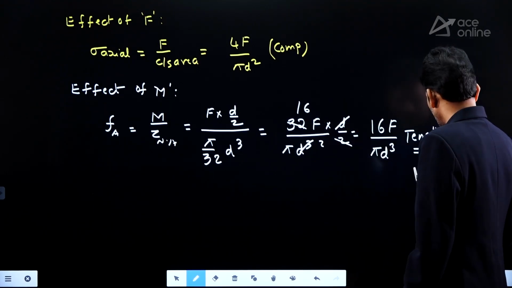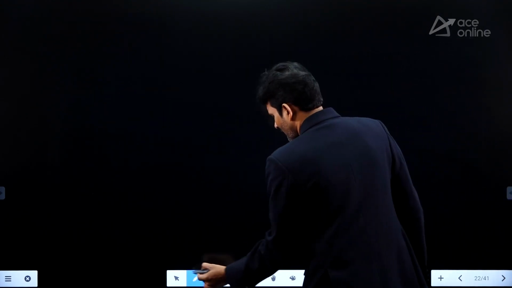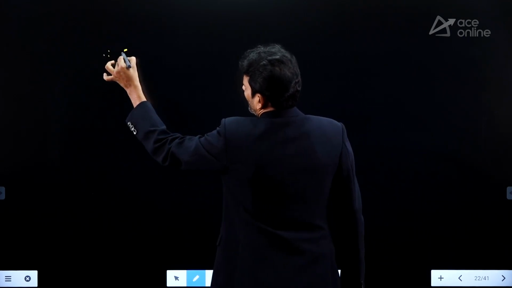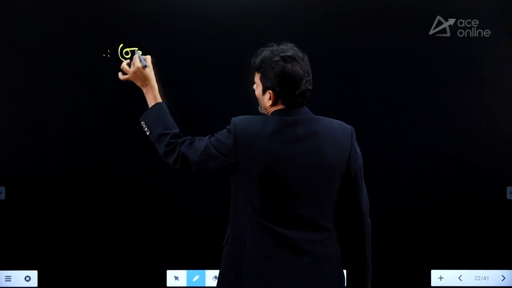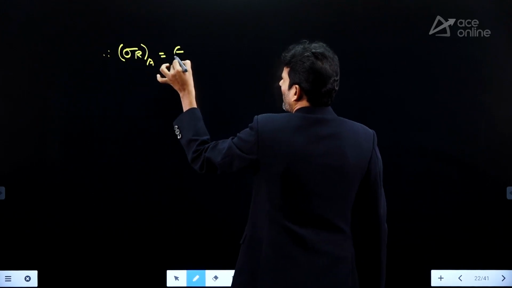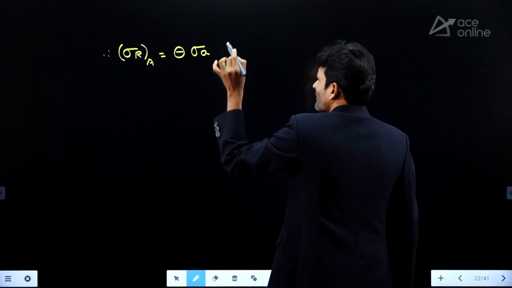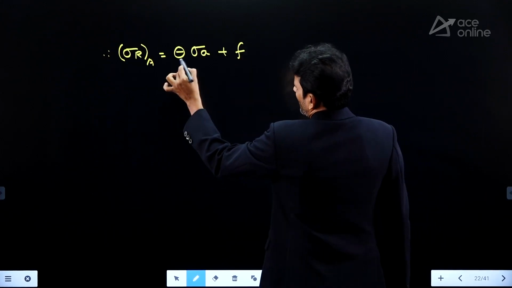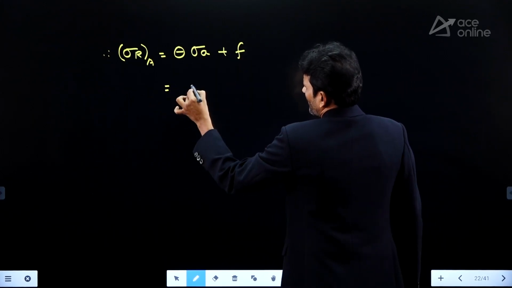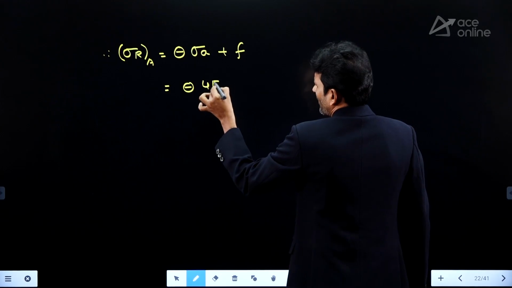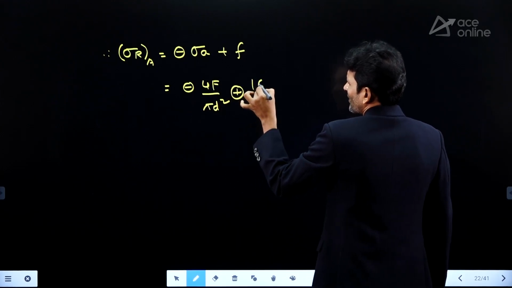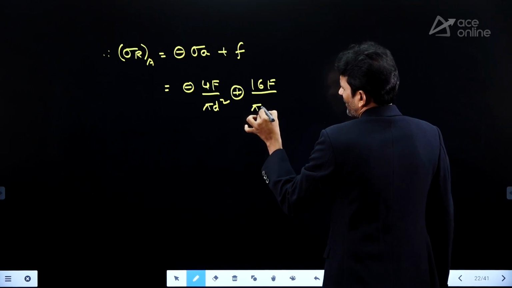Then finally the resultant stress at point A equals minus axial stress plus bending stress. This is compression, this is tension. This is minus 4F divided by pi d square plus 16F divided by pi d square.